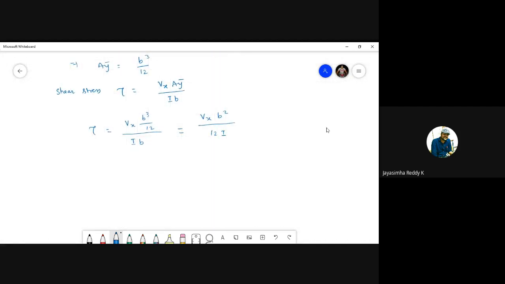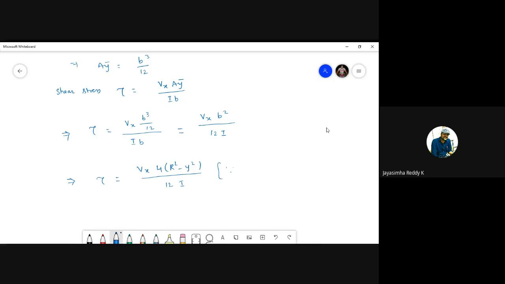Now let us write the I value for circular cross section. What is I for circular cross section, students? Not remembered? So this implies tau is equal to, what is b, students? We have derived b square in equation 1. From this equation 1, we can write Vx into r square minus y square by 12I.